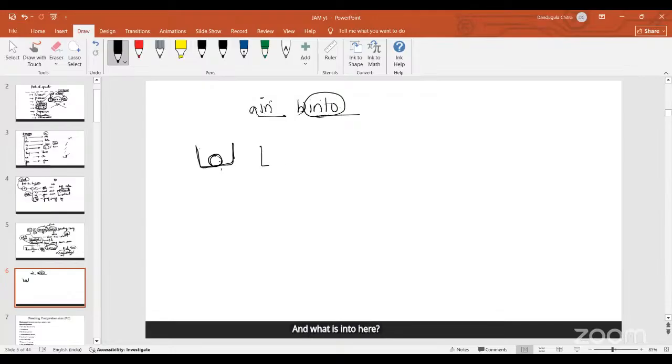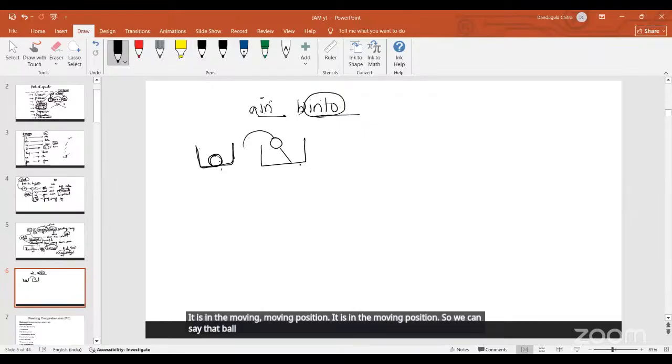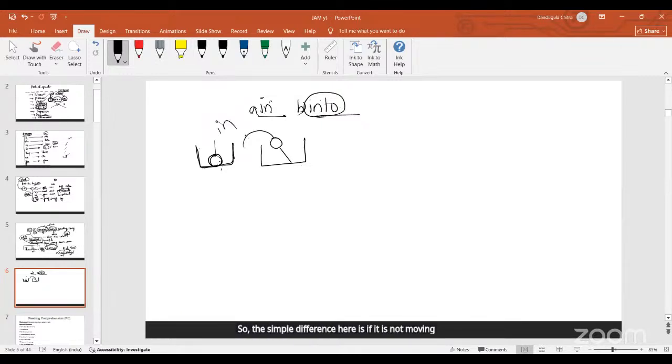If we are throwing the ball into the box, it is in the moving position. So we can say that the ball is entering into the box or falling into the box. So the simple difference here is, if it is not moving, then we use in. If it is in the moving condition, then we use into.